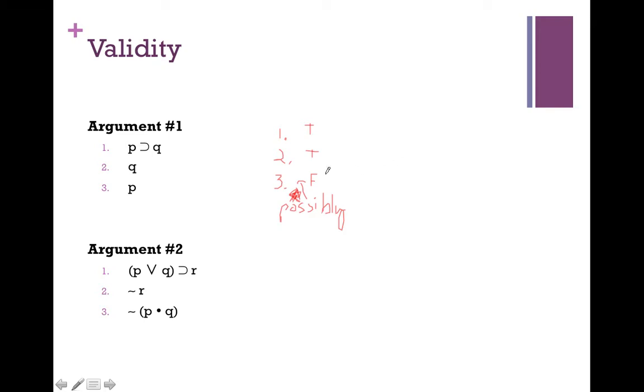So what we look for, in other words, is true, true, false. That's the way we should think of invalidity. And if we can't imagine a scenario, then the argument is valid.